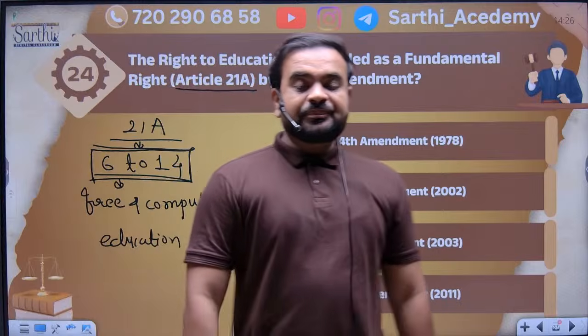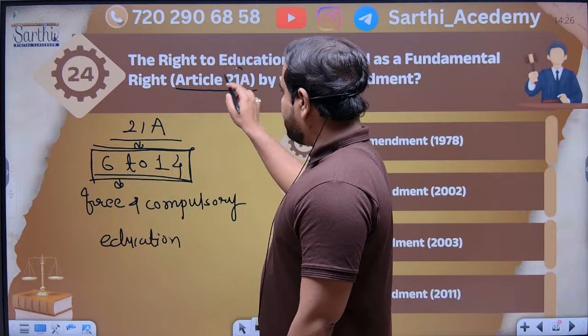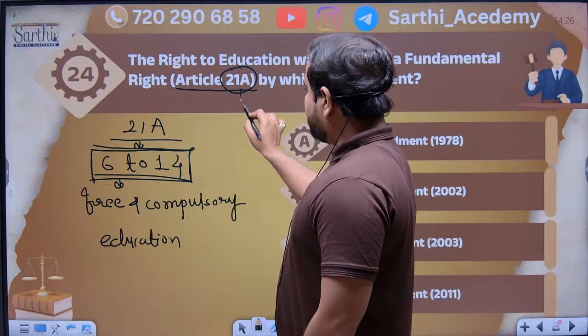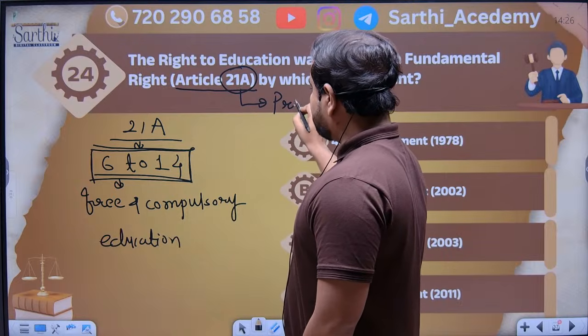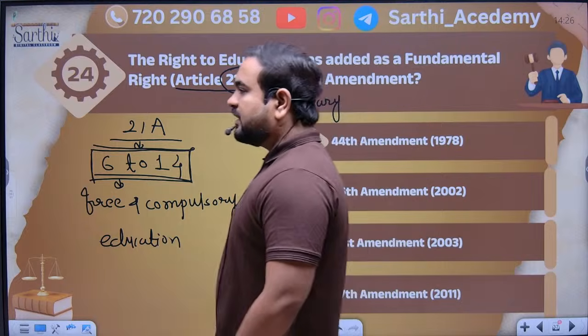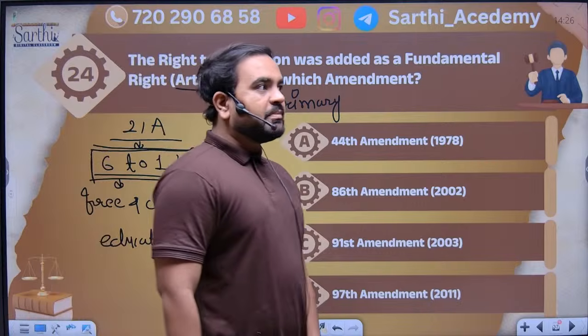So please answer, can I say that this article 21A provision is provided for primary students? Please answer, is this statement right or wrong? Article number 21A, free and compulsory education is for primary students.